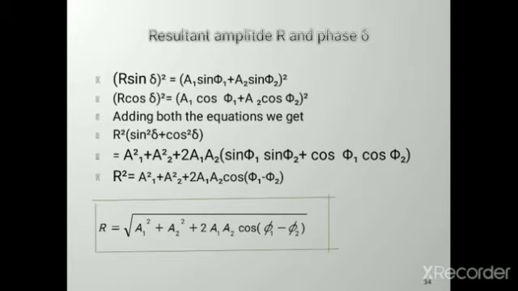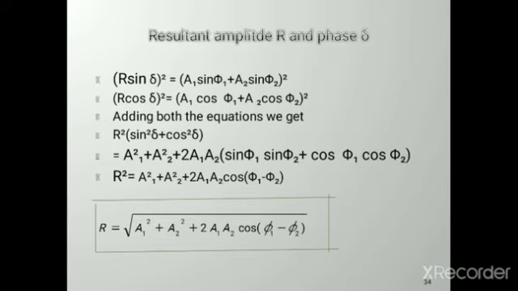R square is equal to sin square delta plus cos square delta on the left hand side, and on the right hand side you will get A1 square plus A2 square plus 2 A1 A2 (sin phi 1 into sin phi 2 plus cos phi 1 into cos phi 2). You will get r square as A1 square plus A2 square plus 2 A1 A2 cos (phi 1 minus phi 2).